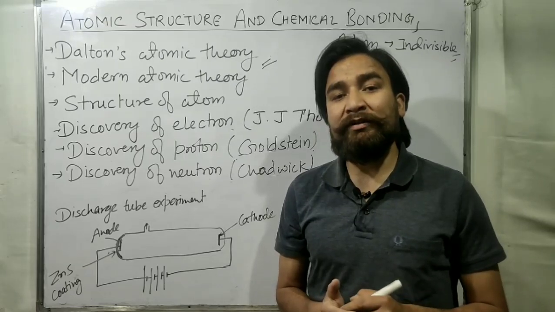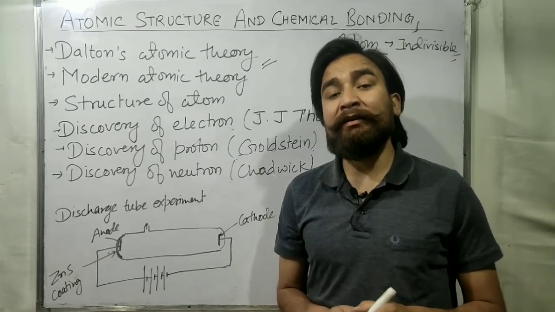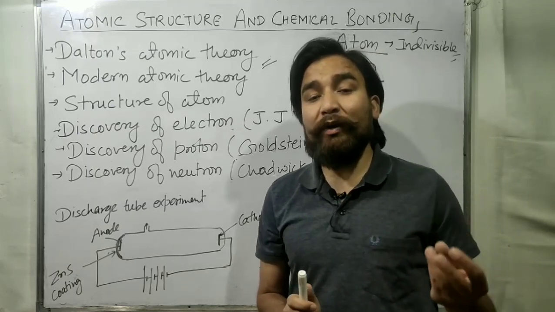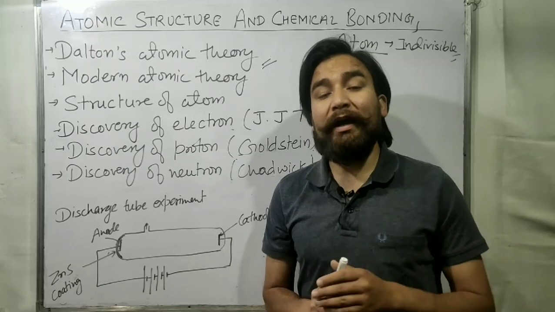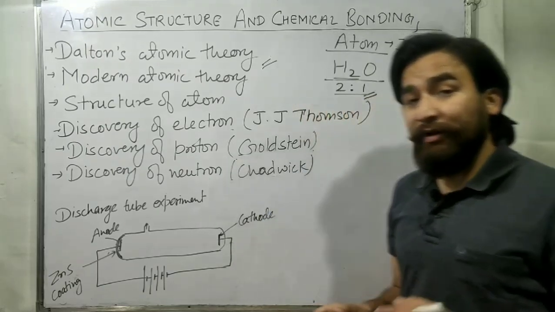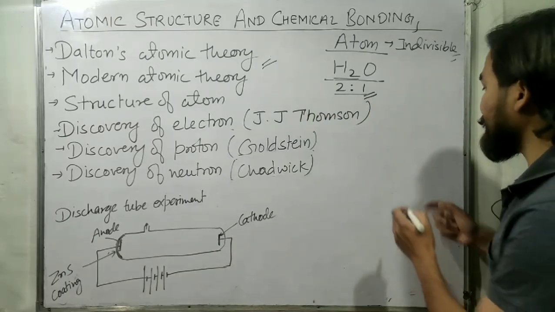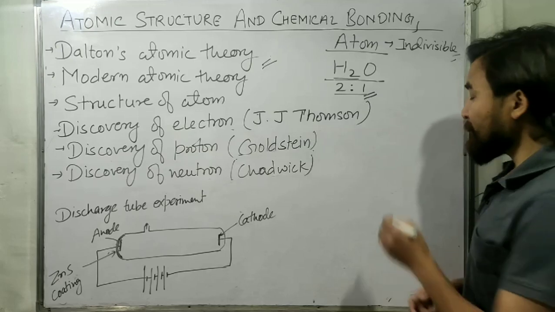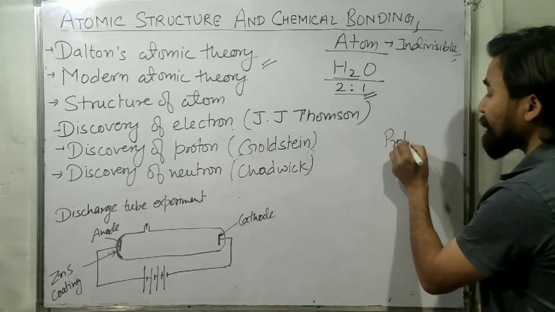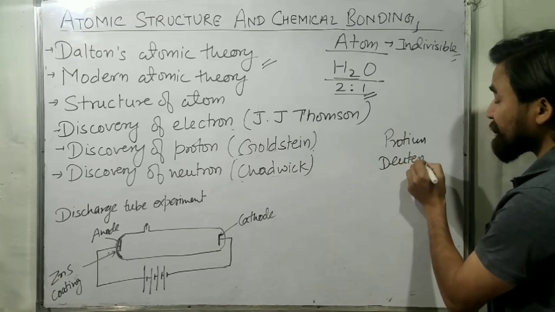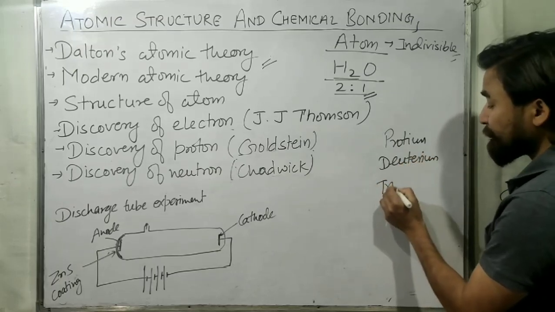The second assumption was that atoms of same element are identical in all aspects. Means if there are two atoms of hydrogen, both the atoms will have same mass, same shape, same size, etc. But it is not always right. For example, there are so many types of atoms of hydrogen. One is called protium, other is called deuterium, and third is called tritium.